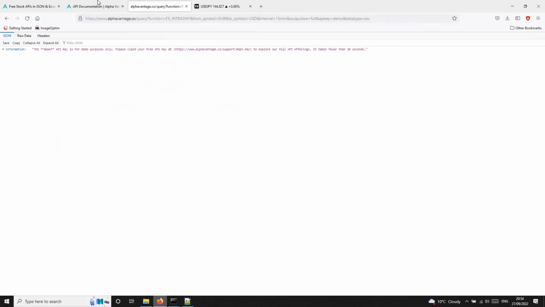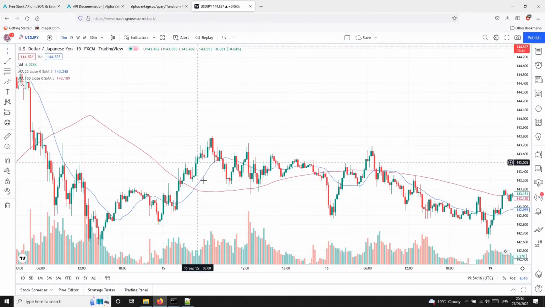For example, right now this red one is 100 and the blue one is 20. If the blue one is under, of course it's going to cross up, and then it will be the buy position for me. But if the blue one, which is MA20, is above the MA100, then it will go down, so then I have to take a short position. So when we are taking historic data, it could be any point of time. At that point of time I need to see where MA20 is relative to MA100.